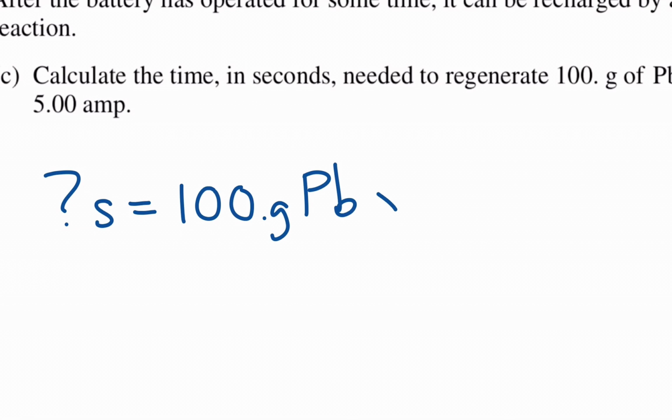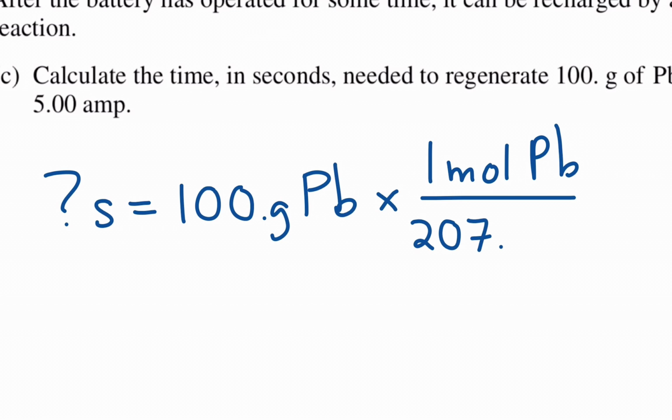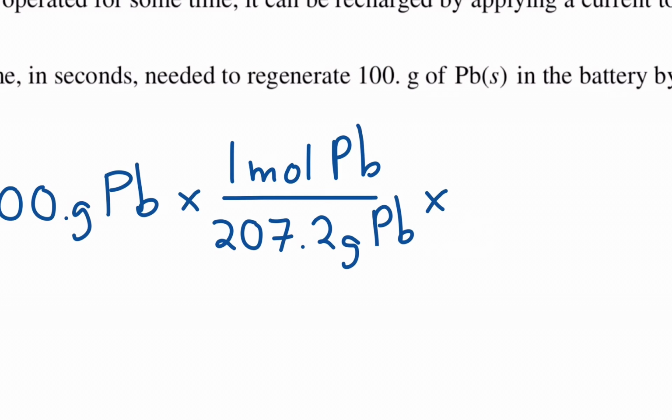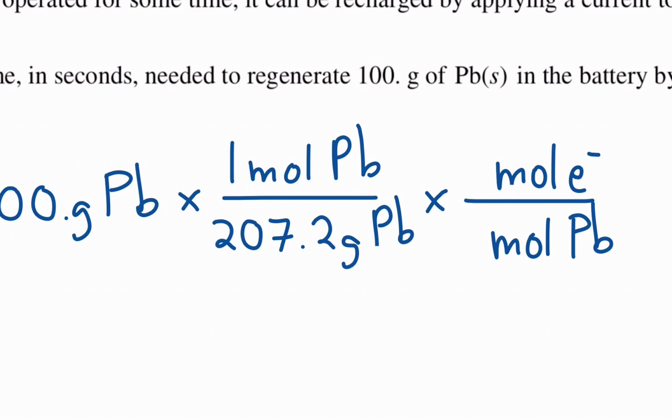So I'm in grams. The first thing I can do is get out of grams by going to the mole. There's 1 mole of lead for every 207.2 grams of lead. Just look it up in your periodic table. So now I'm going to put moles of Pb in the denominator, and I can get into moles of electrons in the numerator.